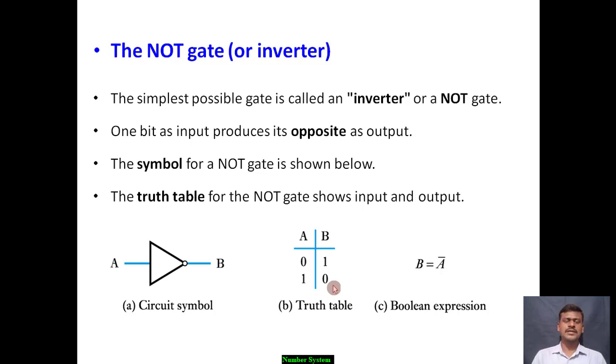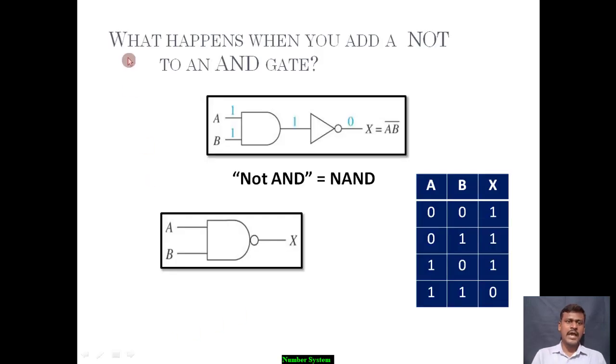So these are the three different basic gates: AND gate, OR gate and NOT gate. Now we will move on to combining these three gates to make different outputs, right? We will see now what happens when you add a NOT to an AND gate.